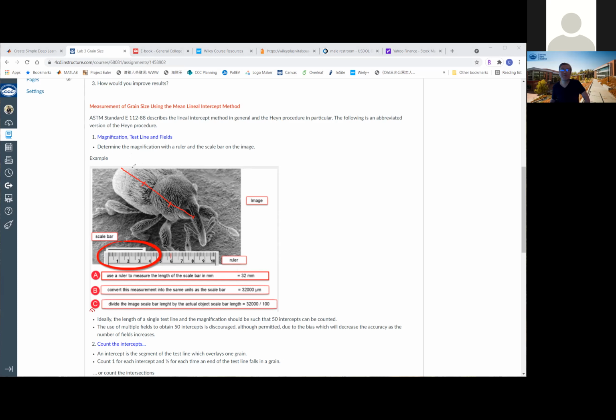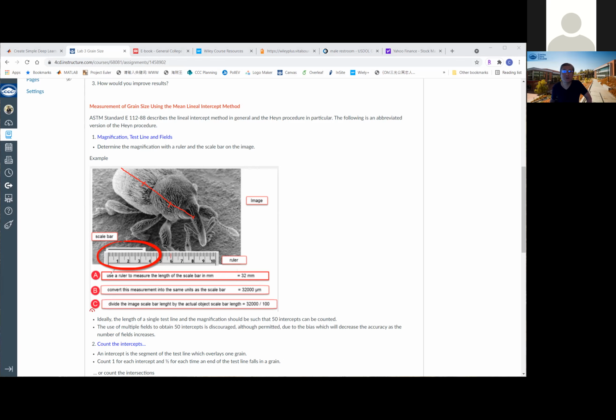But what about the magnification? If you want to know the magnification, you have to use a ruler to actually measure the scale bar. This is an enlarged version, but in reality the object will be smaller because it was magnified. The magnification is determined by measuring the scale bar with the ruler and comparing it with the number they mark for this scale bar.